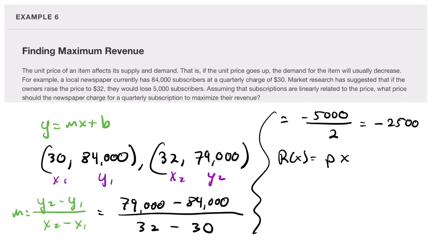Let me think. We're almost there. The unit price, right?